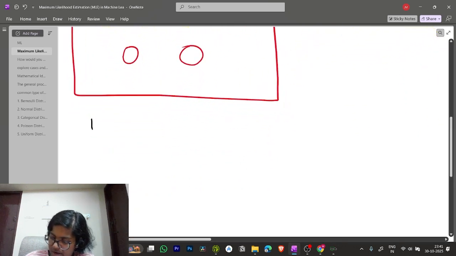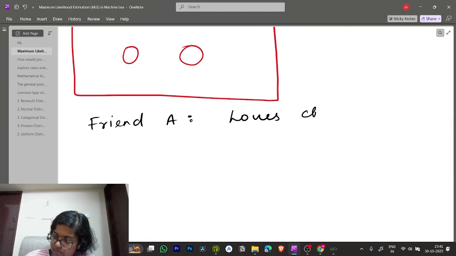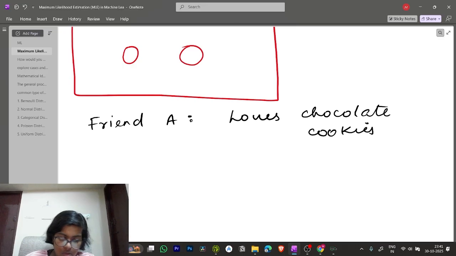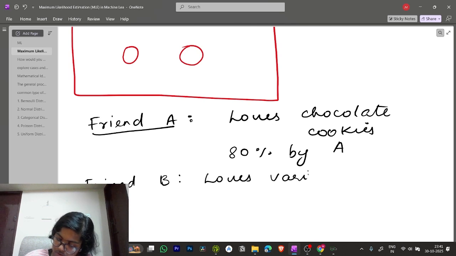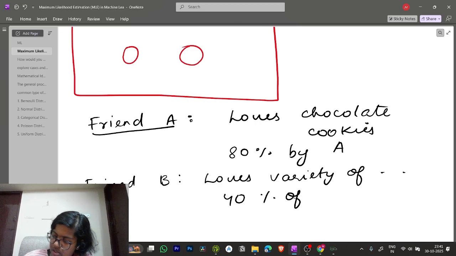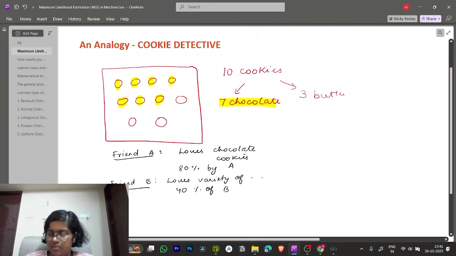Friend A loves chocolate cookies, and there is an 80% chance that the chocolate cookies were made by A. And there's friend B who likes a lot of variety, loves a variety of cookies, and there's a 40% chance that it was done by B. Now I am giving you this question.